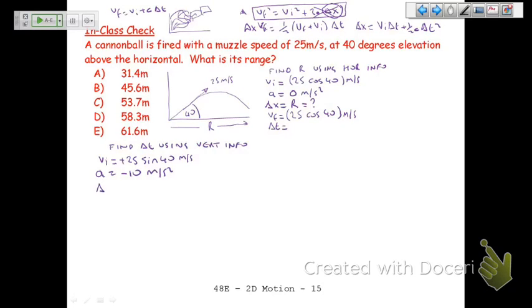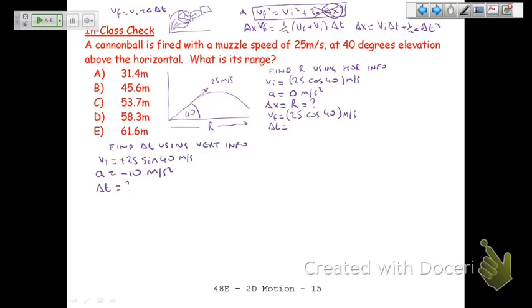I'm trying to find delta T. And I need one more thing. And that could be the Y displacement, could be my final velocity.